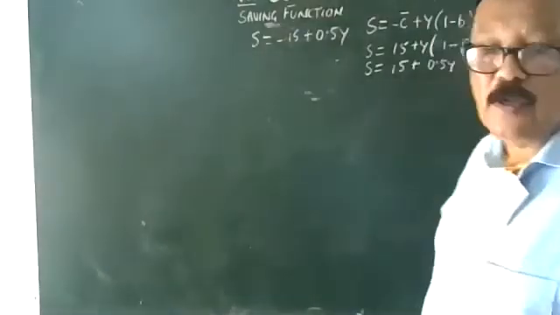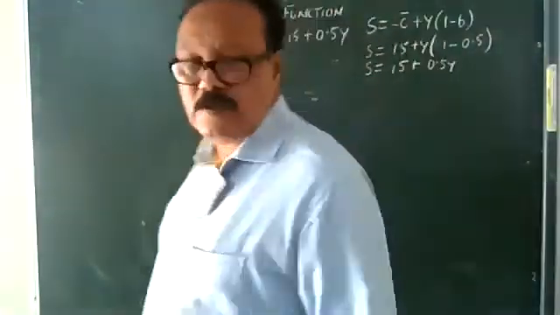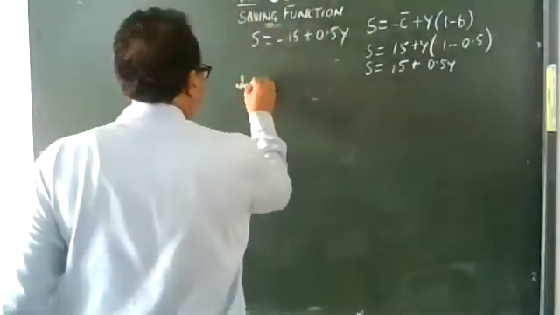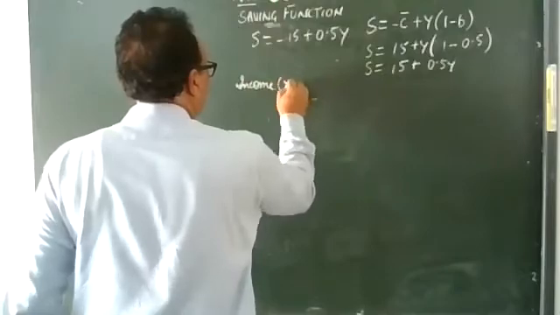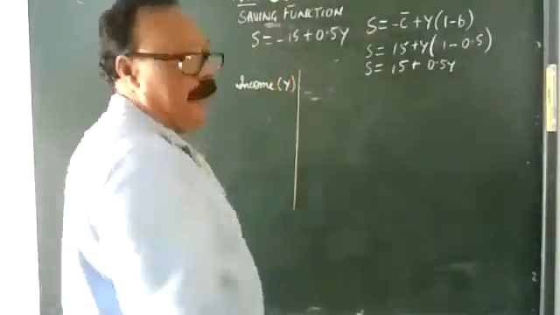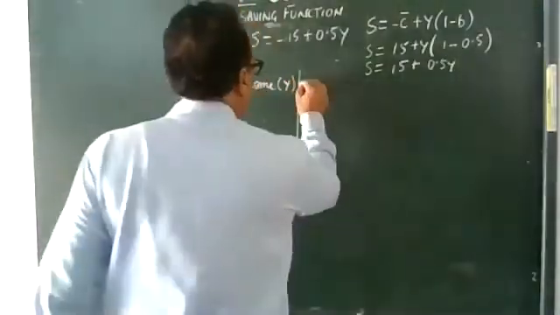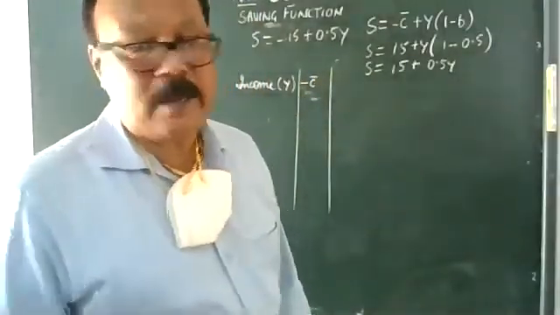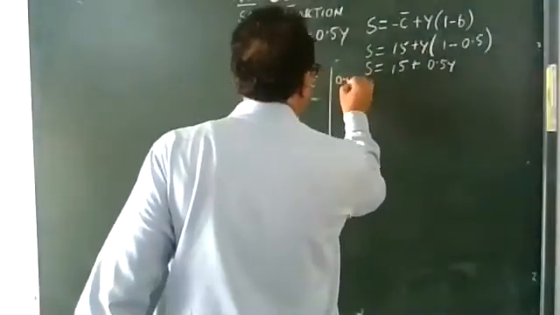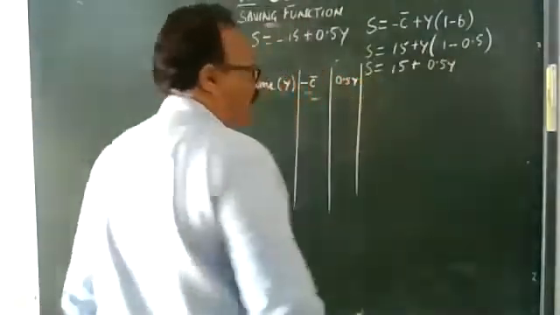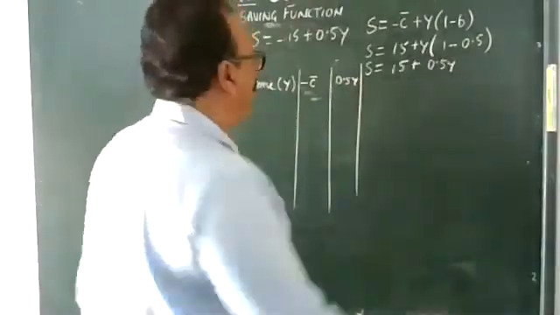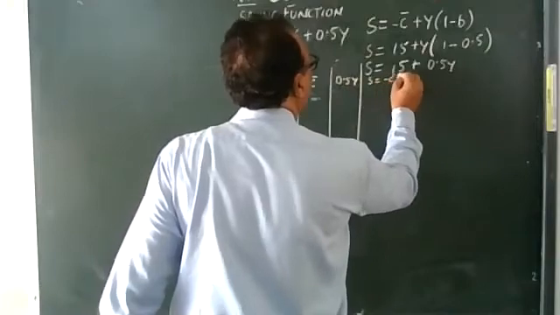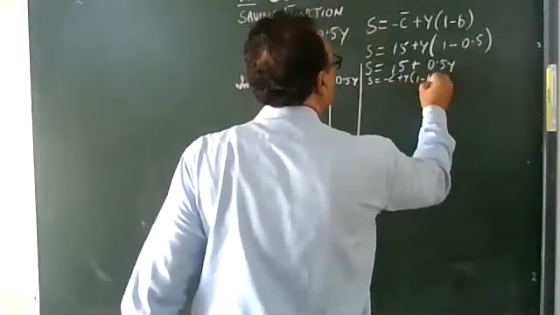Now using this, we will draw the savings function. Income, we have income shown as Y. Then what do we take? Autonomous consumption. And what do we take? 0.5 of Y. And the last will be the full formula, that is S is equal to minus C bar plus Y into 1 minus b.